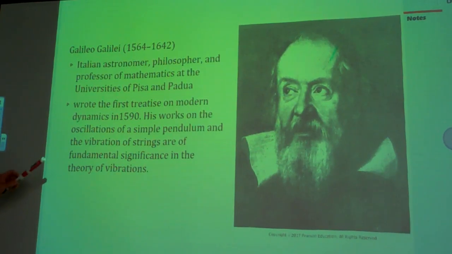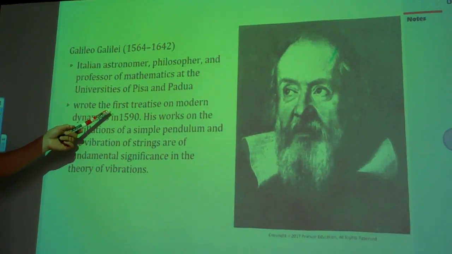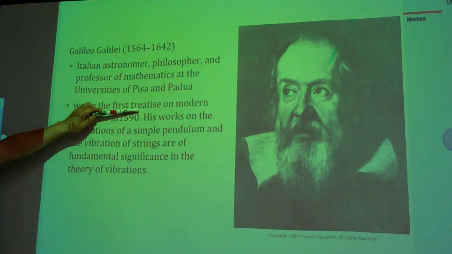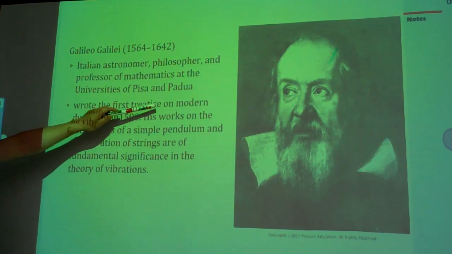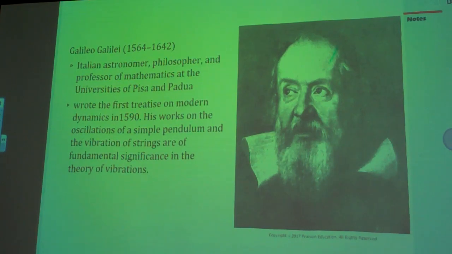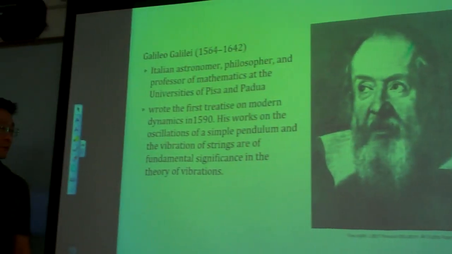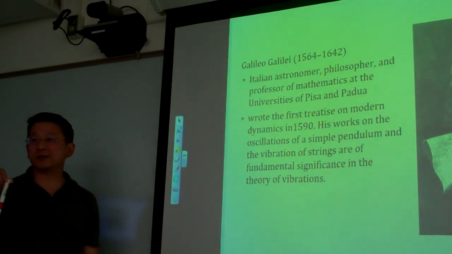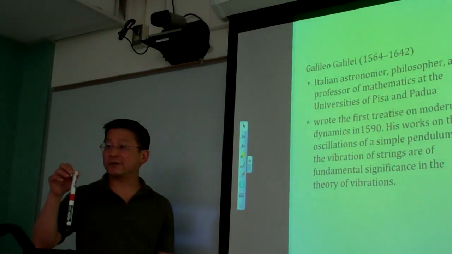In his first treatise, meaning a small book or thesis, on modern dynamics in the 1590s, he developed preliminary work on the oscillation of the simple pendulum, with small oscillations. He described that, and back then there was no differential equation developed yet.